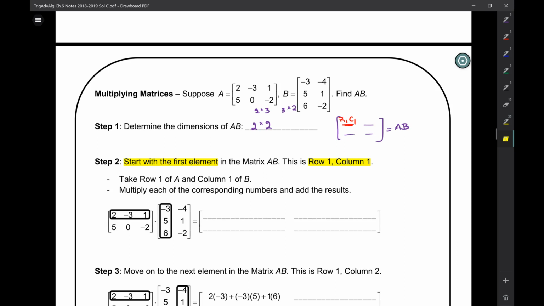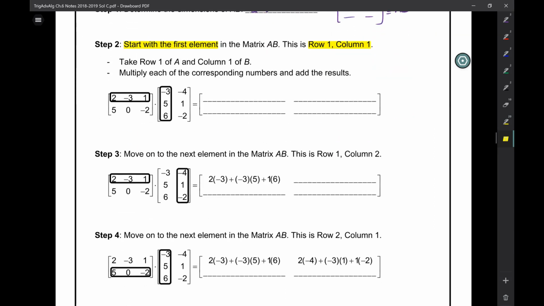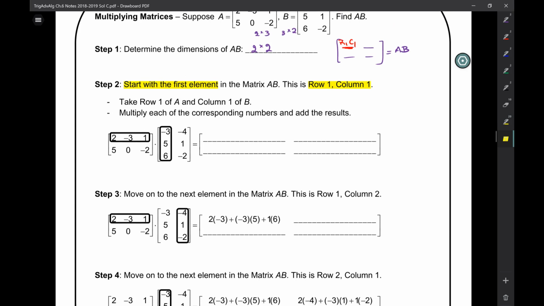Now, what you're going to do. In row 1, how many numbers are there? 3. In column 1, how many numbers are there? 3. That's not a coincidence. It's always got to be that way. In this row and in this column, you always have to have the same number of numbers. So watch me here.